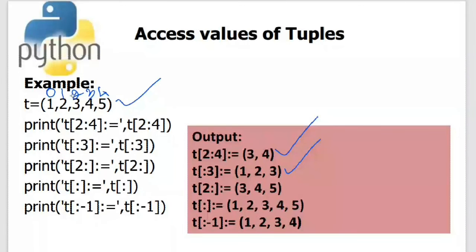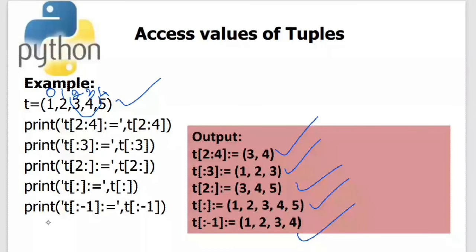Then I want the substring till 3, so I just have given the end over here, end minus 1, so I'll be getting 1, 2, 3. And then I am saying from 2 till the end of the list, so 3, 4, 5. Then I'm asking it to print the entire list, so the entire list is printed over here. And then except the last one, I want to print the entire list, so I just have given colon minus 1.